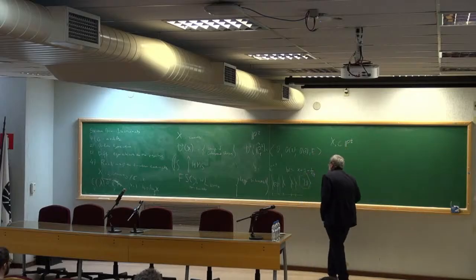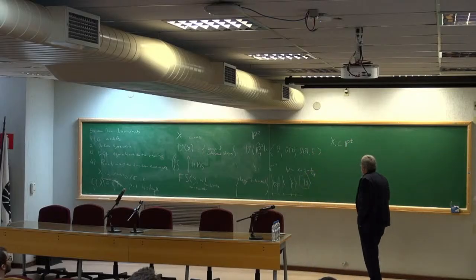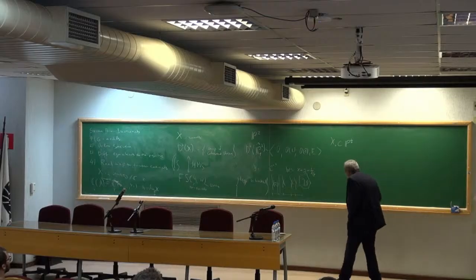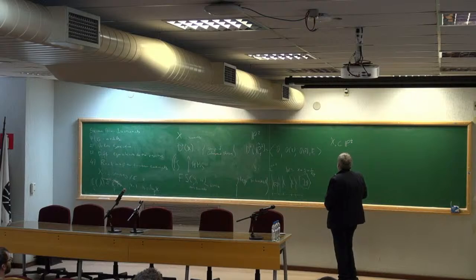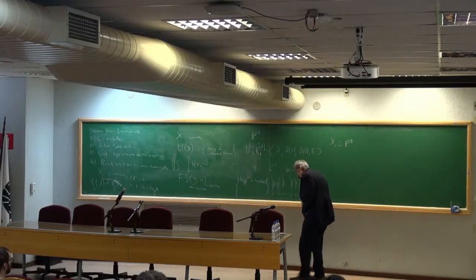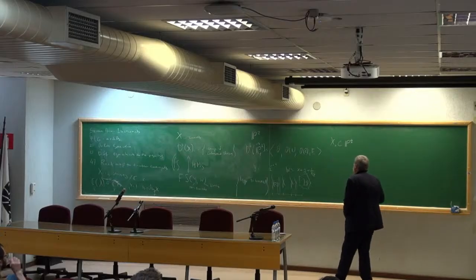And that is the main achievement of Clemens-Griffiths theory. The theory of the intermediate Jacobian tells you that a smooth three-dimensional cubic is not rational.